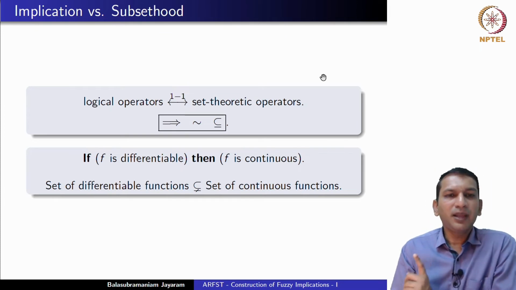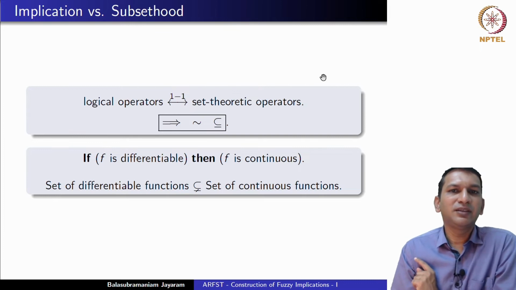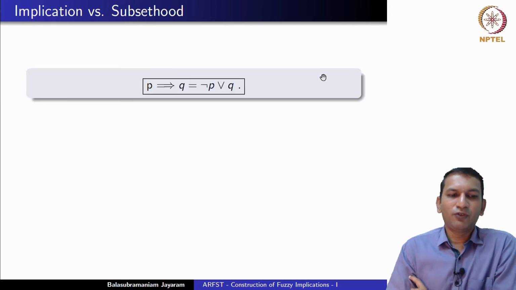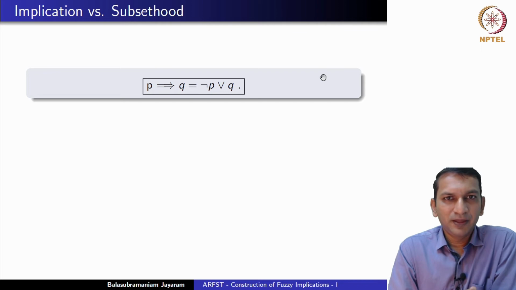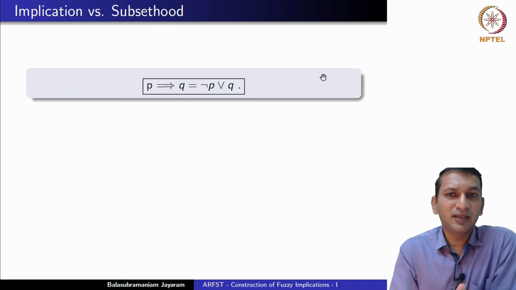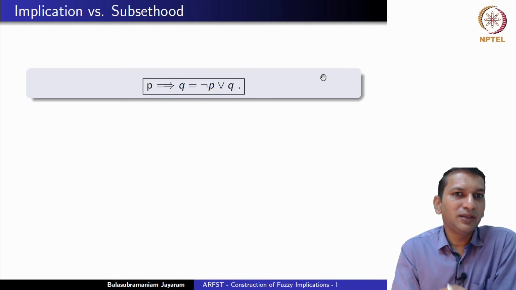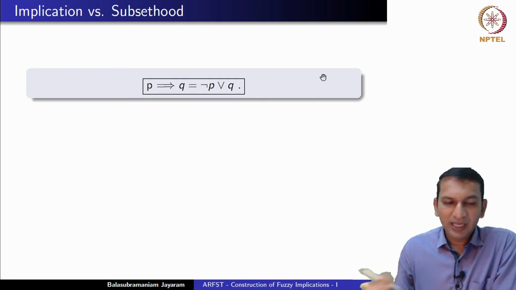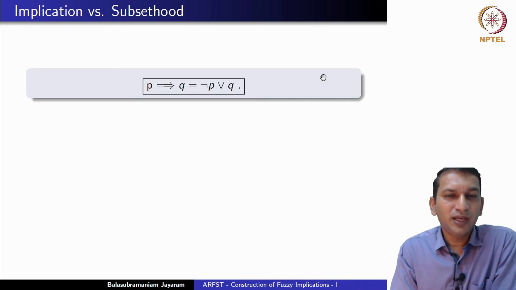But implication is not just subsethood. For instance, look at this formula. P implies Q. We have related it as, or equivalently written it as negation P or Q. So now when you are looking at when is this conditional true, it is not only required that whenever P is true, Q is true, but even when P is not true, it becomes true.